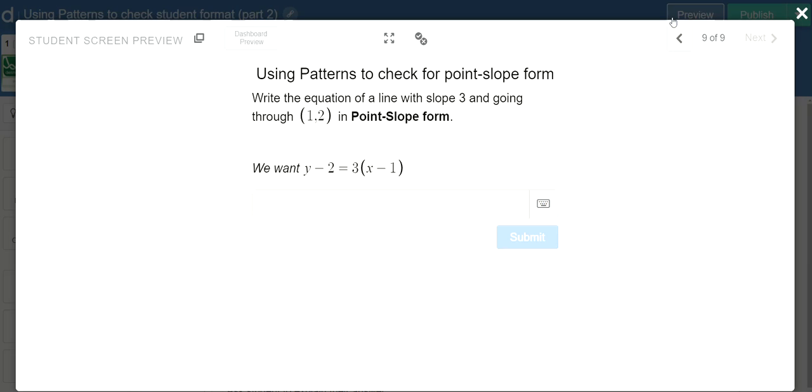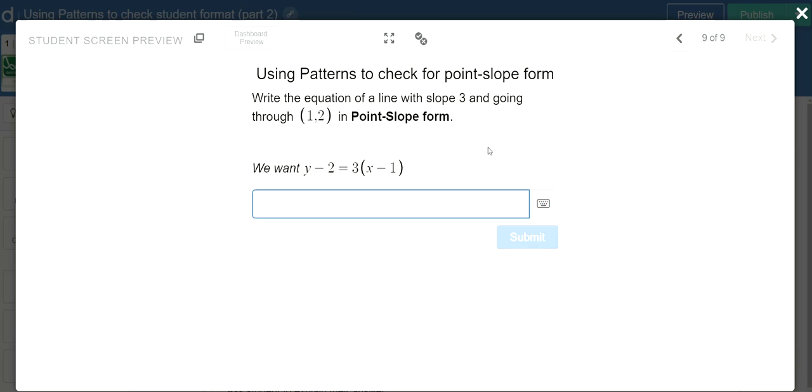The last piece we're going to look at here, and probably the more sophisticated of the two pieces, is can we use patterns to check, for example, point slope form in Algebra 1 level mathematics? What we want the student to demonstrate is they understand how this point slope form works, where we substitute x and y coordinates into a certain format.